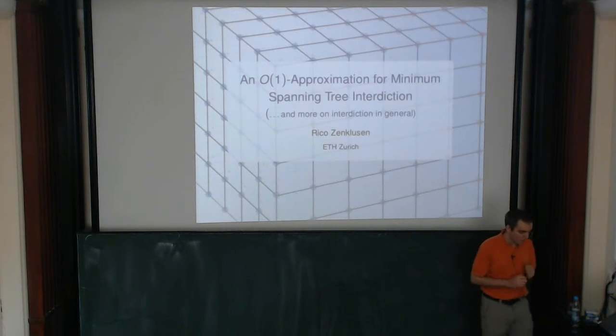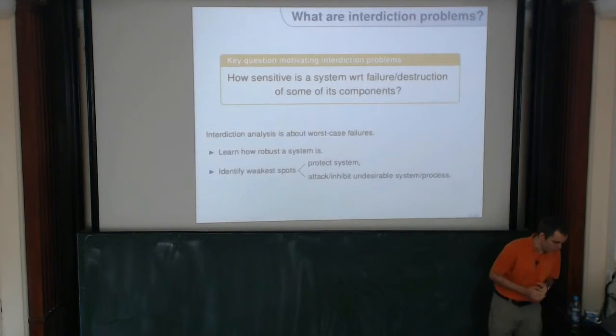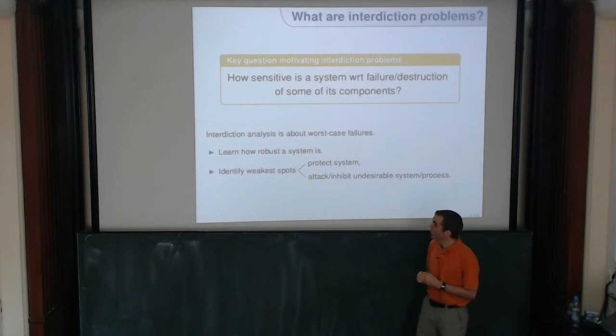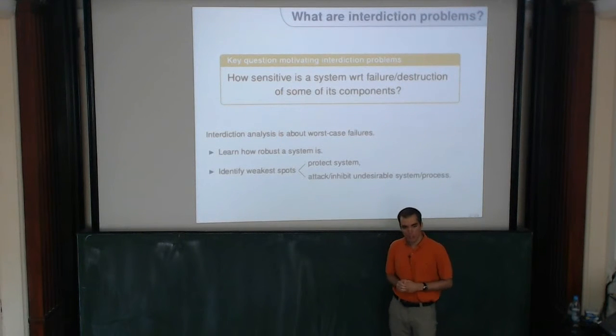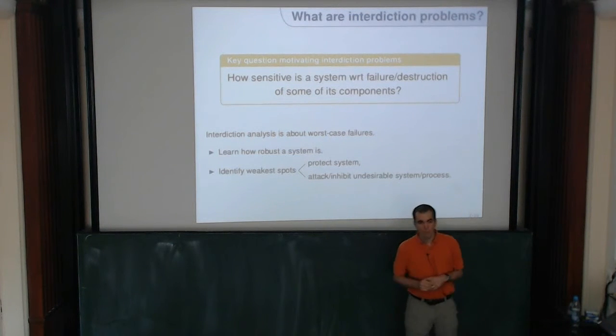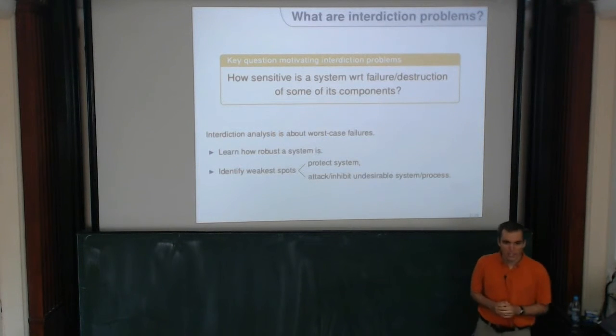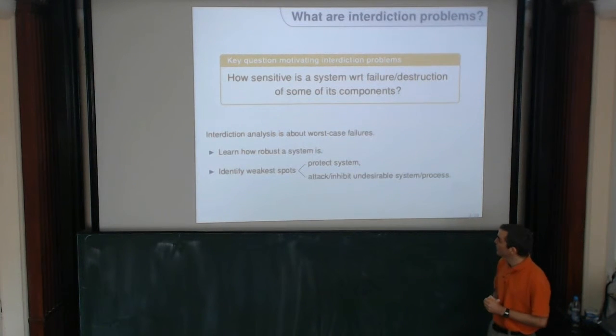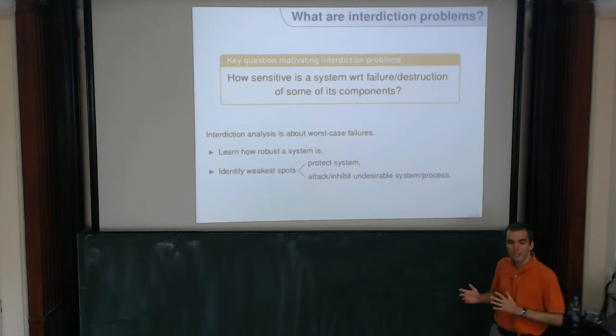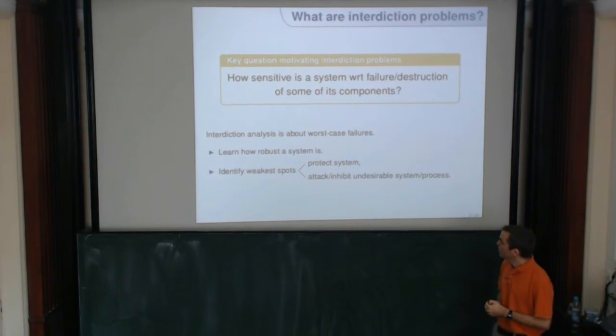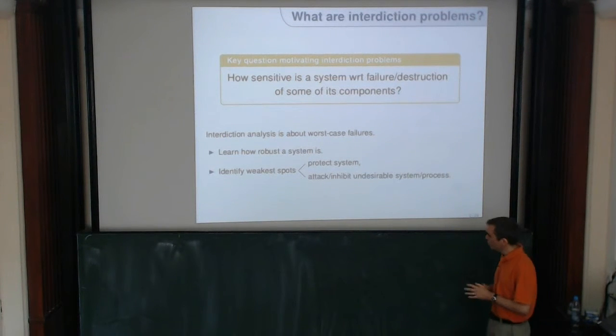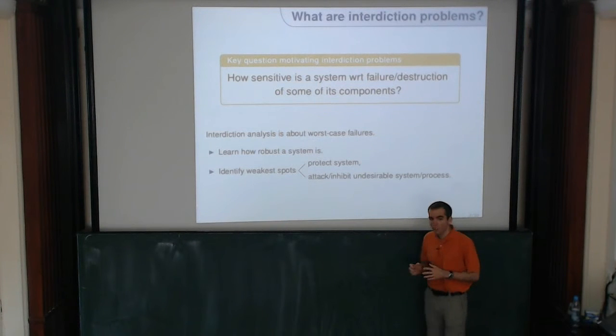So let me start on a very high level. Interdiction is mostly considered by practitioners, and I want to show you that point of view on a few very quick examples. They're not as exciting as Lex's application, but I hope you get the idea of what interdiction means. The global question is how sensitive a system is with respect to discrete changes, to removal of some of its components.